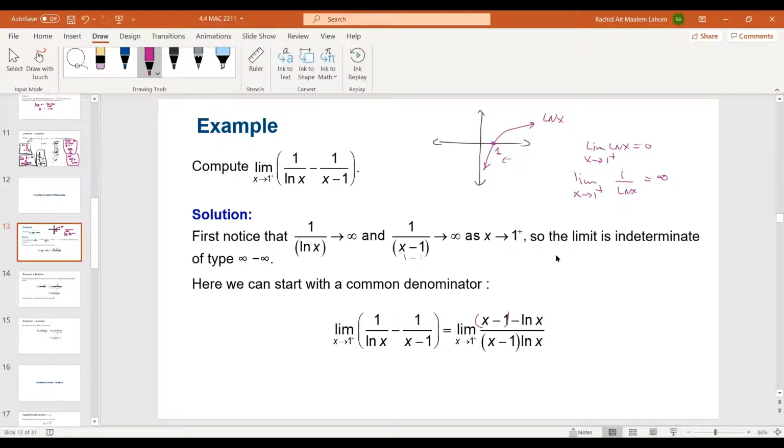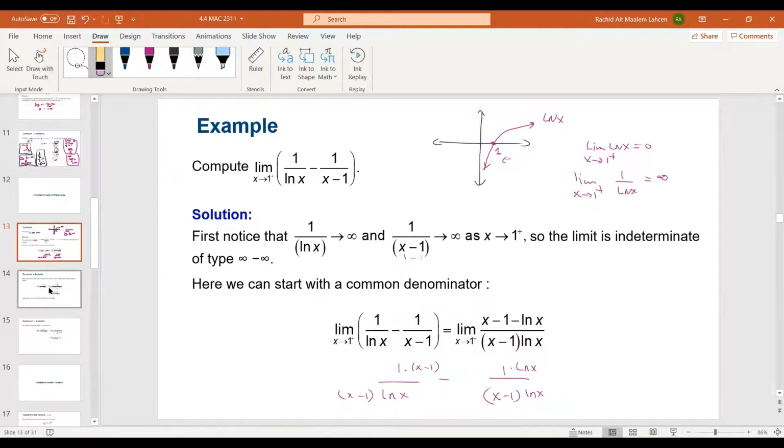Common denominator minus, so you do a common denominator, ln x, and here x minus 1, x minus 1. So that gives you x minus 1 minus ln x, right?